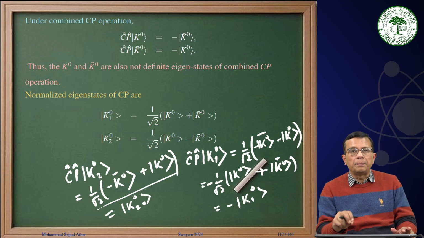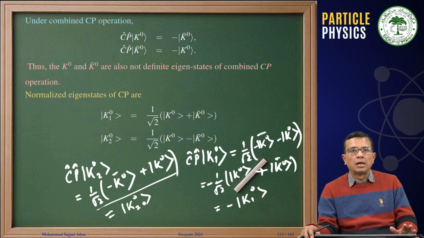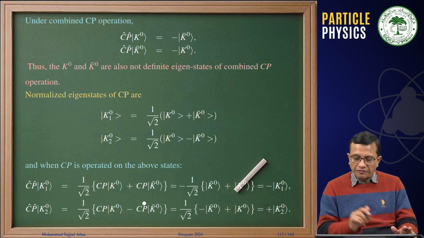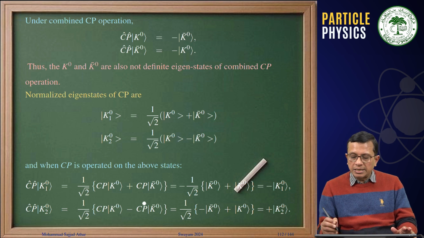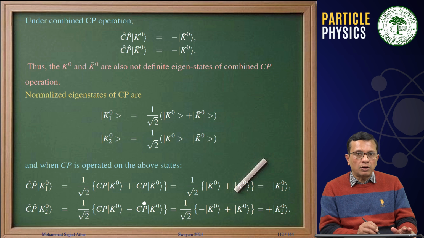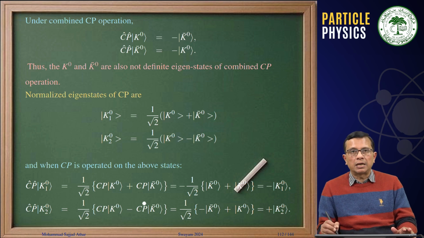of the CP operator, as well as in the second case, the eigenvalue is +1, and K20 is also an eigenstate of the CP operator. Therefore, you can see that CP operating on K10 is giving us minus K10, and CP operating on K20 is giving us plus K20.